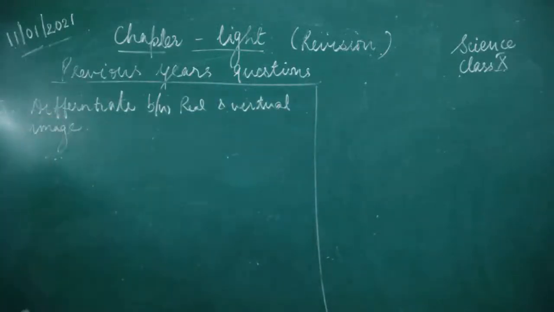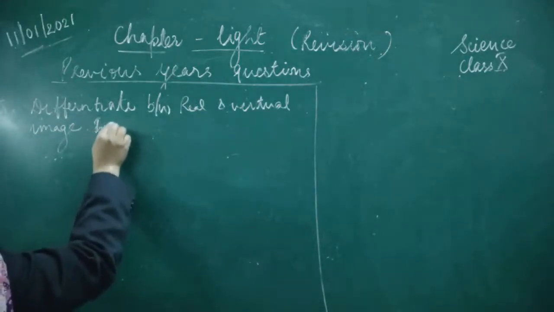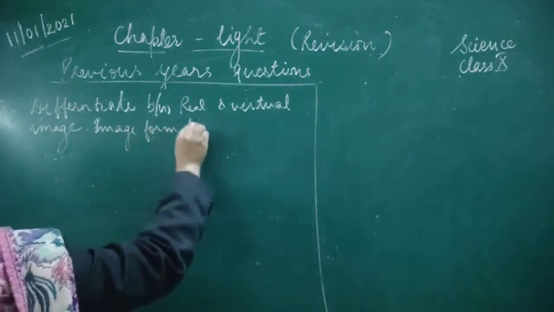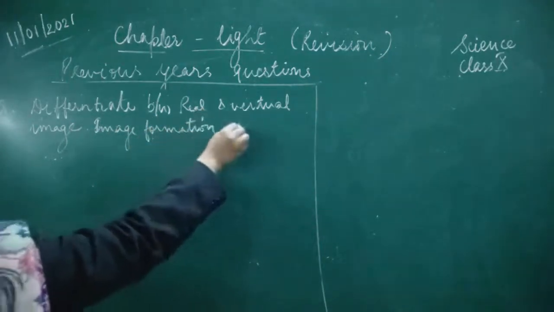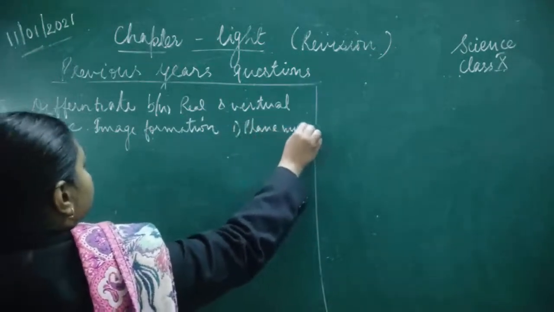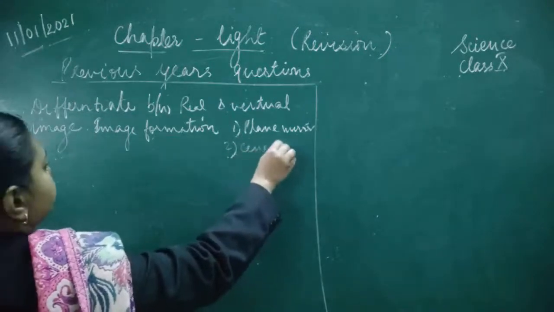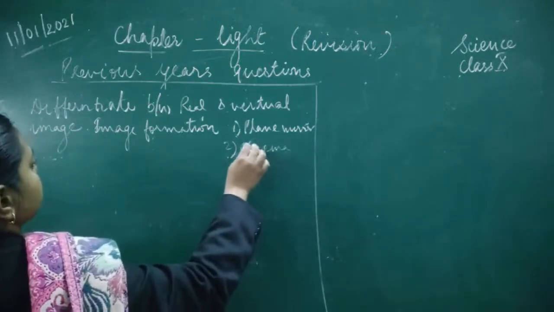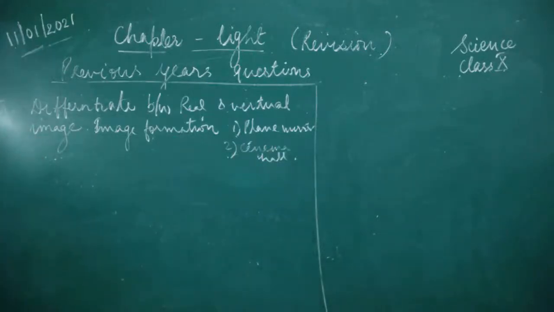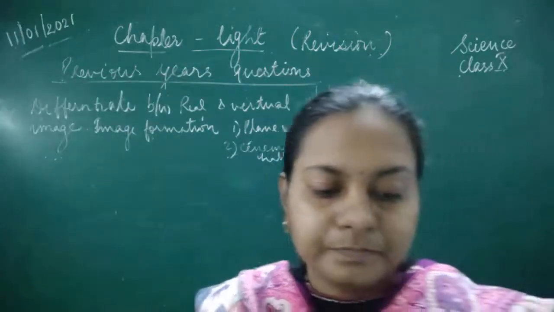Then second thing you have to tell, you have to draw the image formation. You have to show the image formation in two places: first in a plane mirror, and second in a cinema hall. Okay, so these are the two places where you have to show the type of the image which is being formed.